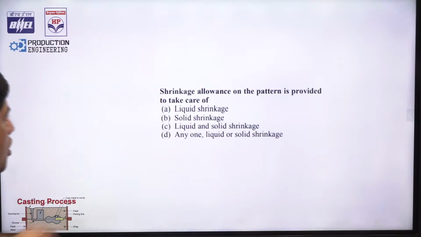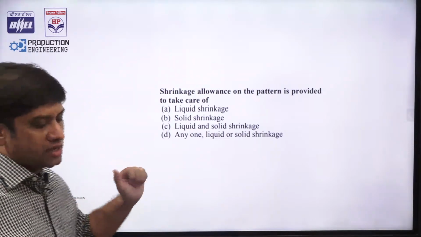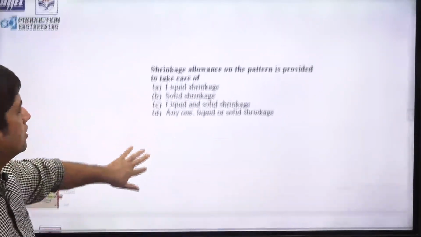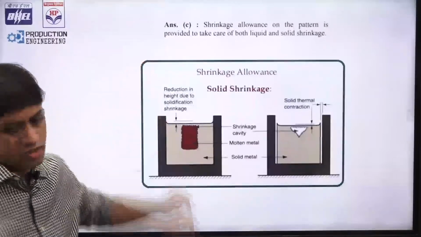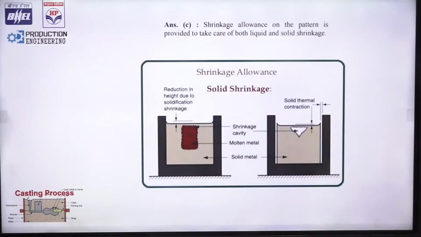Okay, let me answer. So you mean to say liquid and solid shrinkage, or both? The answer is both. So both liquid as well as solid shrinkage will be taken care of by the pattern. Solid shrinkage and liquid shrinkage, it takes care of both.